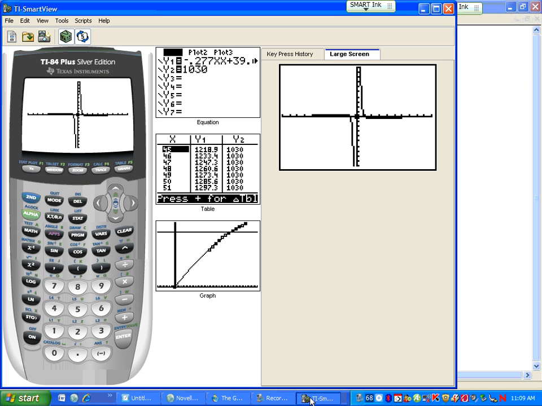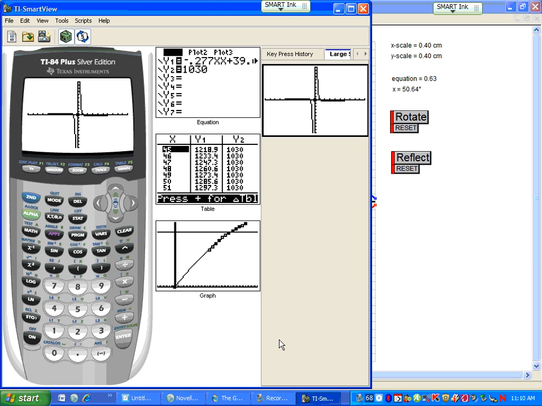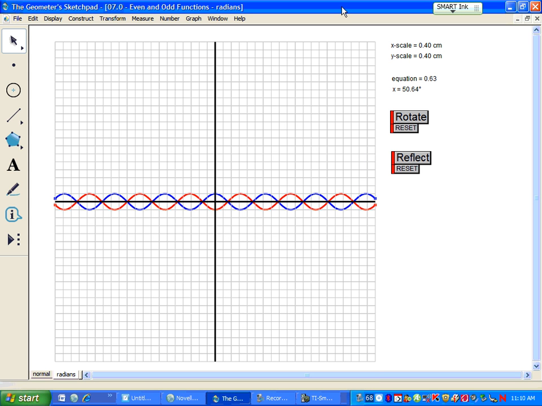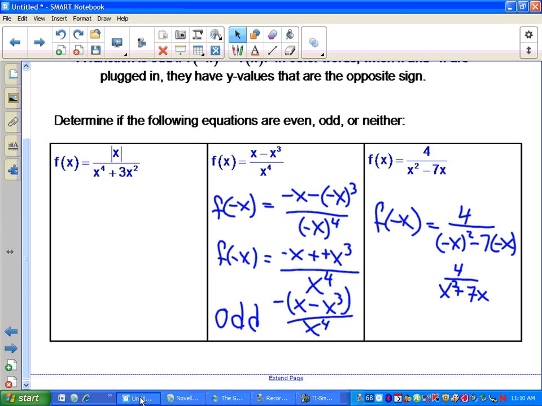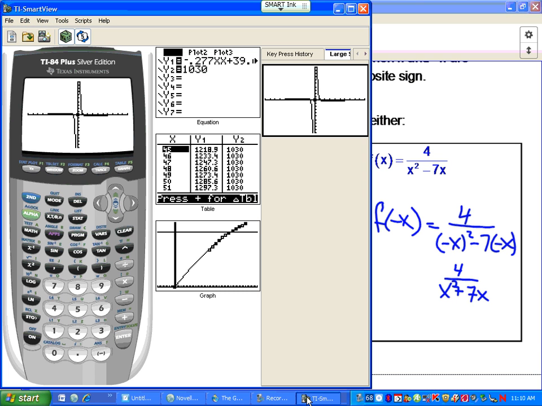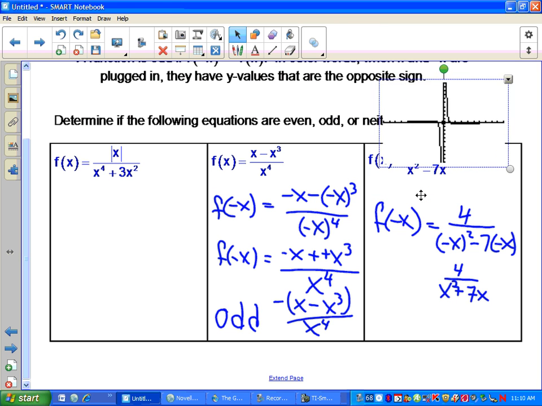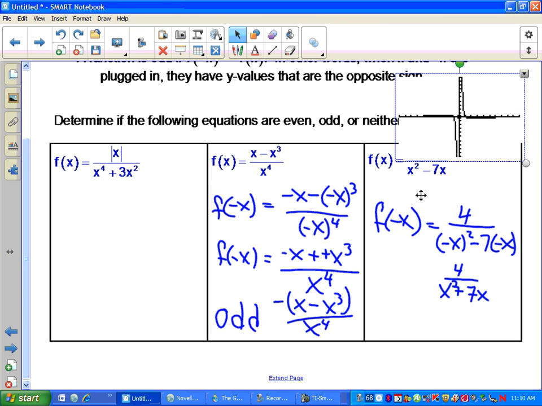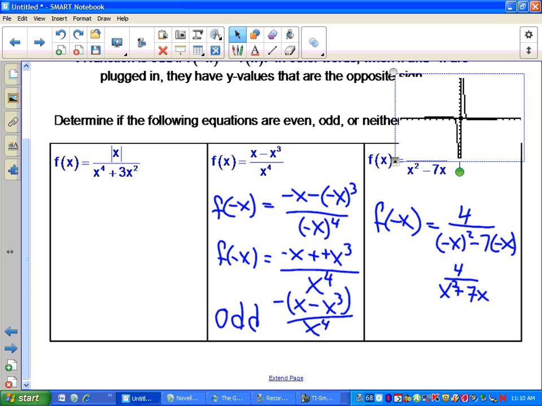I want to make this smaller. Ah, yeah, see, I did it. Okay, so if I rotate that around, it looks just like it, right?